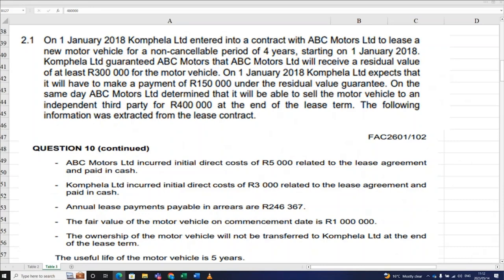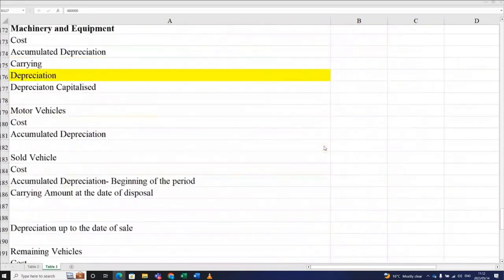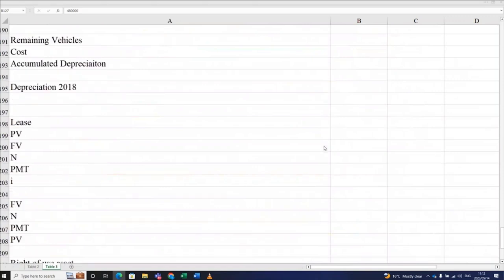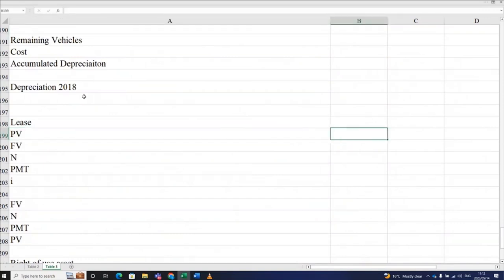When we calculate the implicit rate in the lease, we've got the present value, from the lessor's perspective, which is the fair value of the asset and direct costs incurred by the lessor. So we got from the question that the fair value of the asset is 1 million, and they have incurred 5,000.